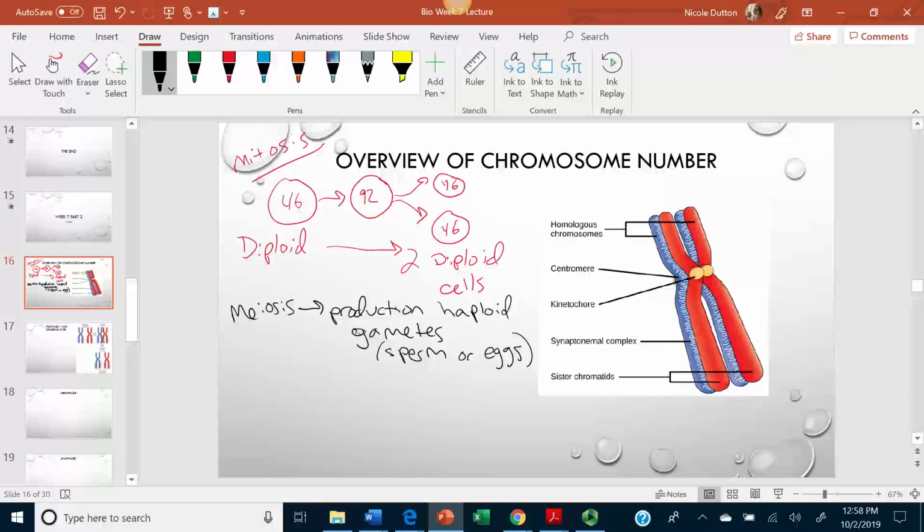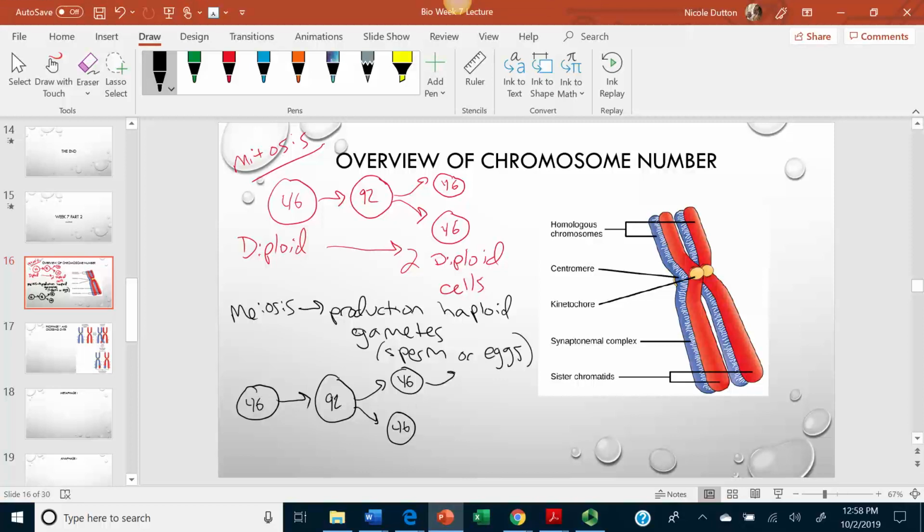In meiosis, we're going to start the same way as mitosis. We start with a diploid cell with 46 chromosomes. Then we replicate it so that we have 92 chromosomes. Then we're going to split this so that we have 2 cells with 46 chromosomes.